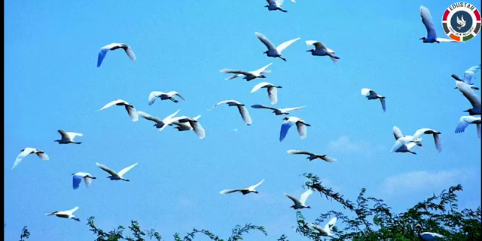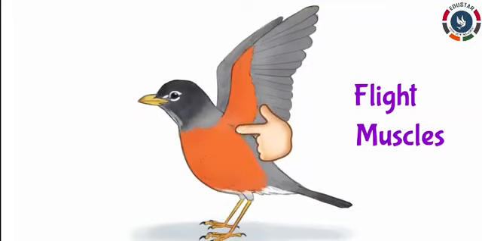Most birds can fly in the air. The wings of the birds help them to fly. The wings are attached to the body of the bird through strong muscles called flight muscles.